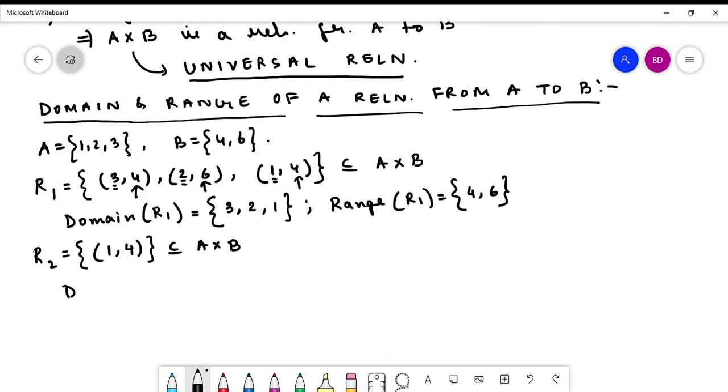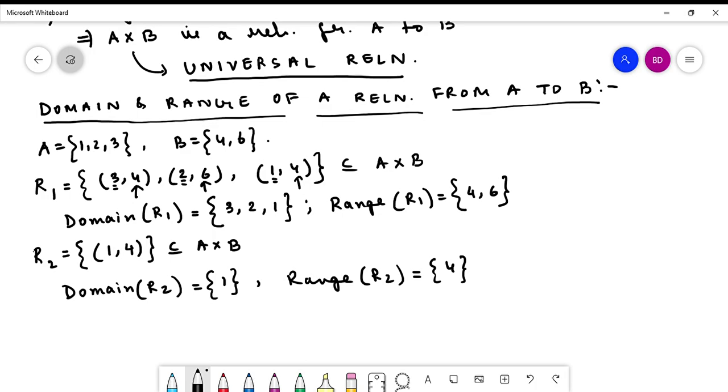The domain of R2 will be 1 and the range of R2 will be only 4. So you can see here they are not coinciding with the initial sets A and B. So how you choose your ordered pairs inside the relation will determine what will be the domain and range of that particular relation. So this is what we mean by domain and range of a relation.